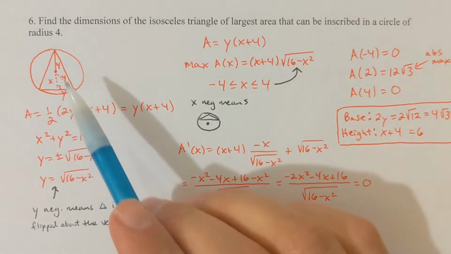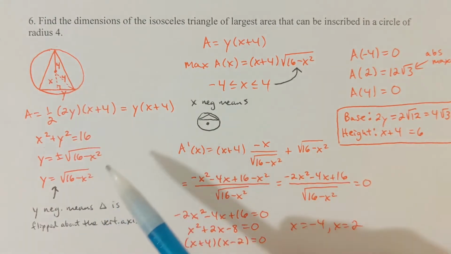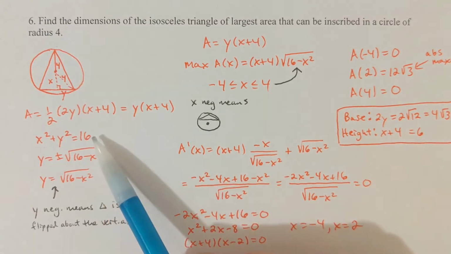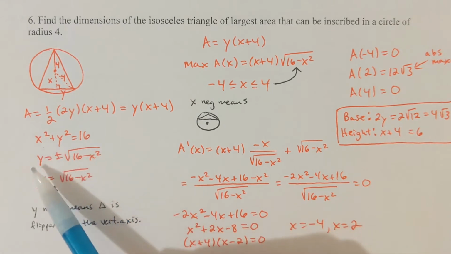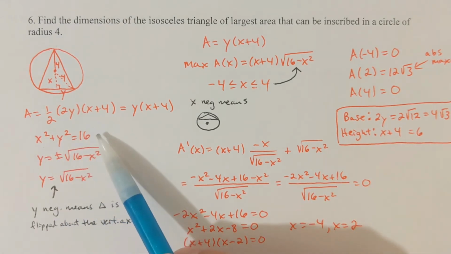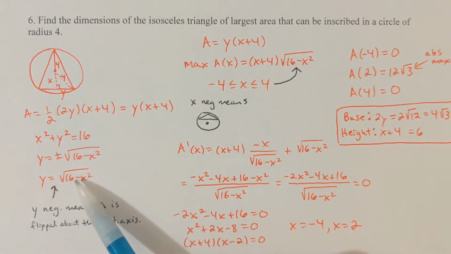Well, I've got this smaller right triangle built in, and the fact that that's a right triangle means that I can use the Pythagorean theorem. x squared plus y squared equals 4 squared, which is 16. And if I solve this for y, subtract x squared and take the square root of both sides, then y would be plus or minus the square root of 16 minus x squared.